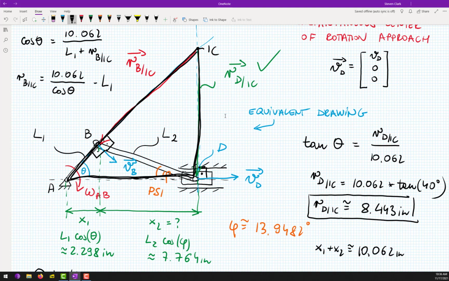Plug in values and obtain that our RBIC is approximately 10.135 inches.